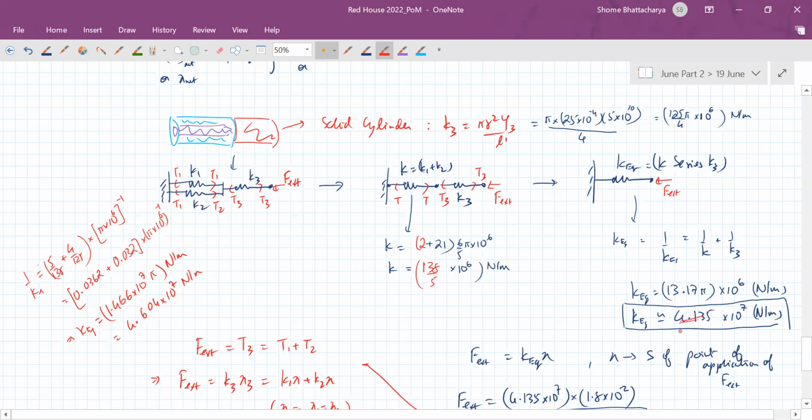So this value you just change it to 4.604.